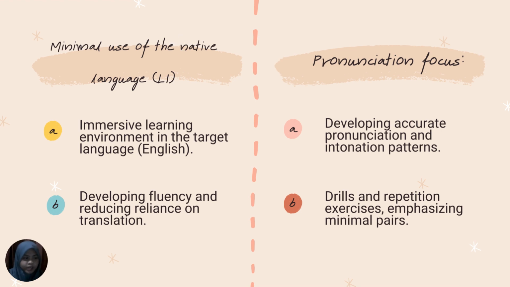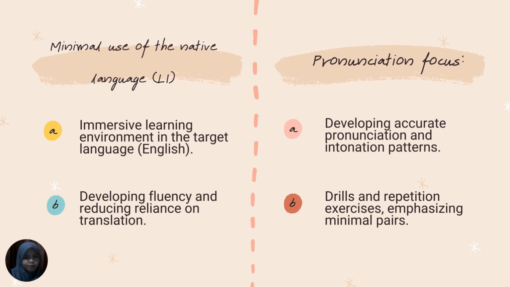In the silent way, the use of learners' native language L1 is kept to a minimum. The focus is on the target language as much as possible to create an immersive learning environment. This immersion helps learners develop fluency and proficiency in English and avoid excessive reliance on translation.